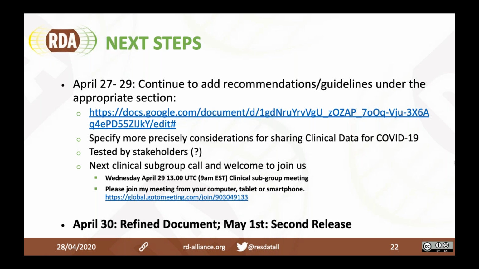Last but not least, we're going to have our subgroup meeting tomorrow, as the time is posted on the slide, along with the link, and we welcome anyone who has interest to join us. Our goal is that by April 30th we'll have a refined document, and hopefully make the second release on May 1st.